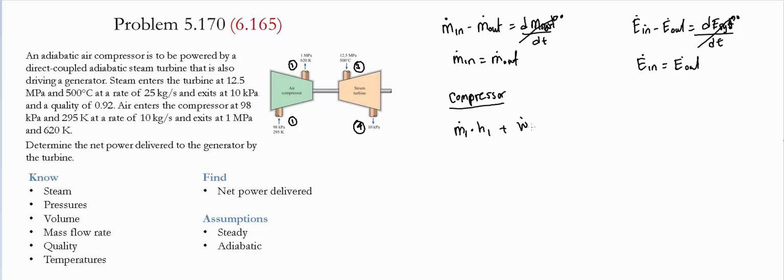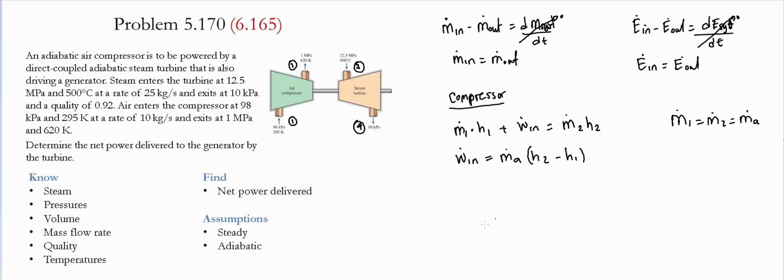That is equal to the energy leaving, which is the mass flow rate at 2 times the enthalpy at 2. Notice that for the compressor, the mass going in and the mass leaving are exactly the same, so we write m dot 1 equal to m dot 2, and we write it as the air mass flow rate to be consistent. So the work going in for the compressor is equal to the mass flow rate of air times the difference between the enthalpies of the exit and the entrance of the compressor.